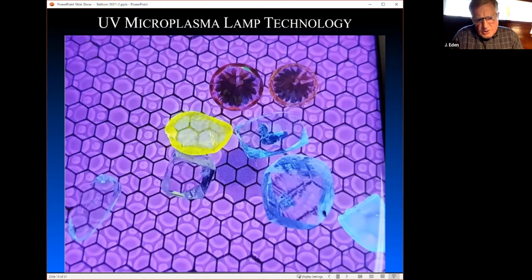Friends, you are looking through a lens. This is a magnified view of the surface of a type of ultraviolet emitting lamp that's been developed in the past few years. And on top of that surface, we've sprinkled several diamonds.